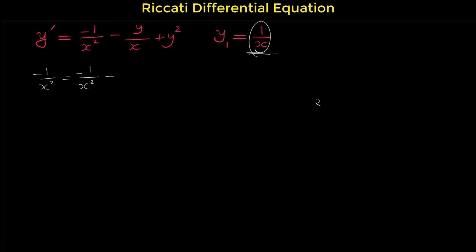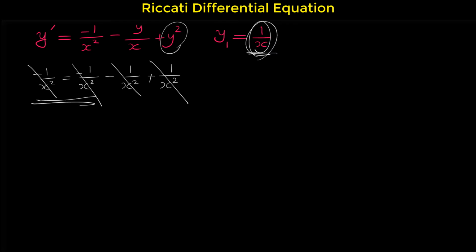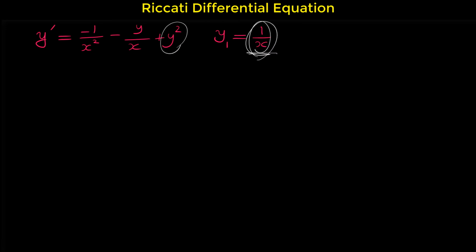So we have -1 over x squared again, plus y squared. If we square this, we have 1 over x squared. This cancels with this, and -1 over x squared and -1 over x squared are equal to each other. So this shows that this given particular solution is really a solution. It's not necessary to check this, but I wanted to show you how we can check if a function is a solution for a differential equation.